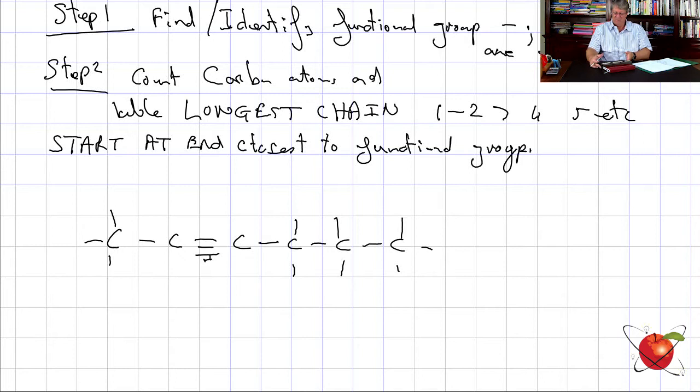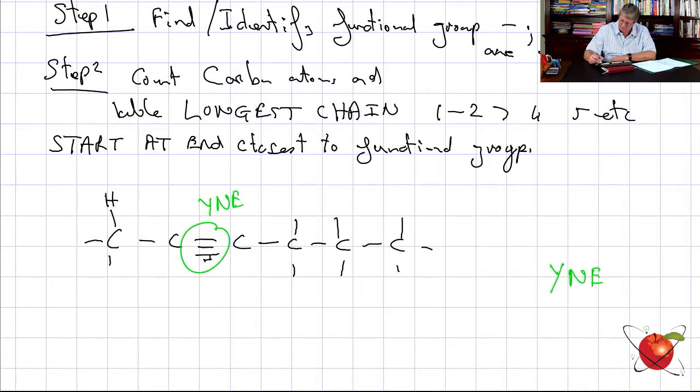I've just hydrogens on the outside. I'm just going to save time and not put them in every time, so just pretend this is all hydrogens over there. Therefore, step 1 is I identify the surname of this functional group, which means it's an ine. So I put down ine.